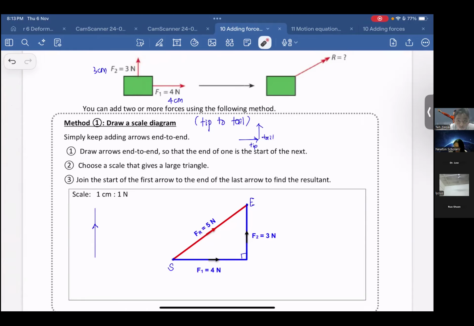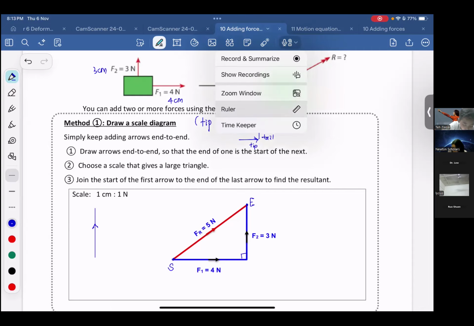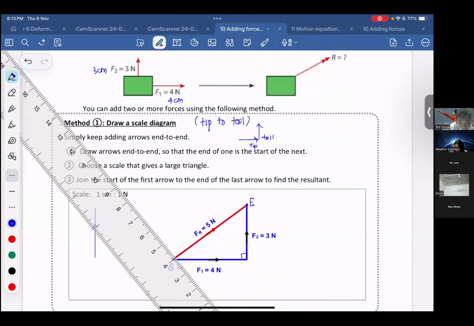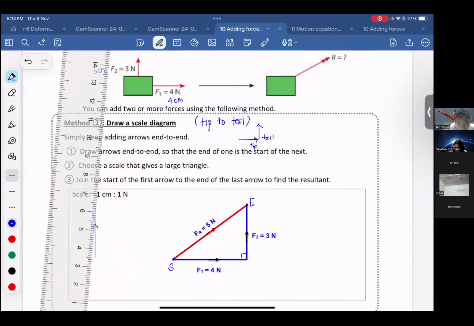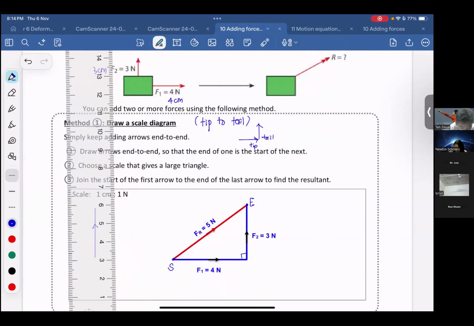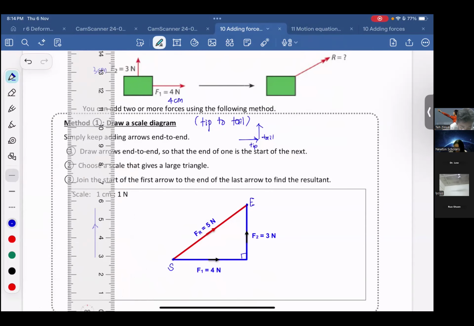I want the ruler. Where is my ruler? I seldom use a ruler, so I also find it hard to find. Oh, here. For example, you draw 3 Newton with 3 cm. 1, 2, 3.